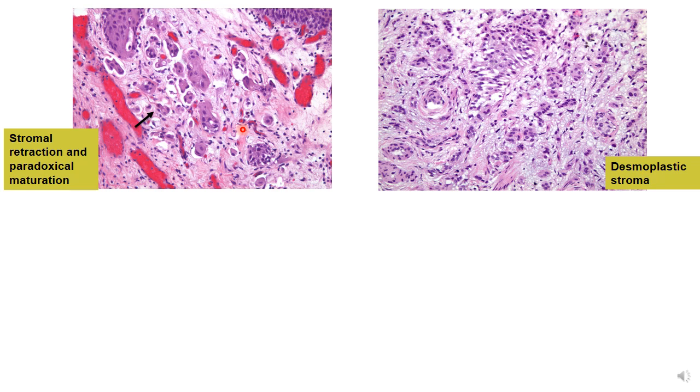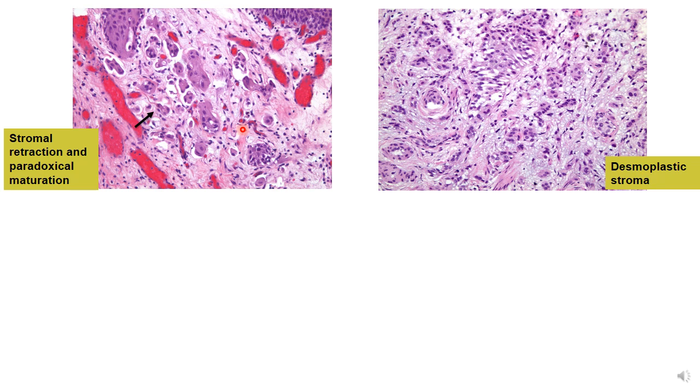Stromal retraction is where you have a nest separated by a space from the stroma. This is one of the most common features of invasion. In paradoxical maturation, the overlying nests have much less cytoplasm compared to the much broader cytoplasm in the invasive front. This is very helpful, particularly when you are dealing with a very small focus of invasion.